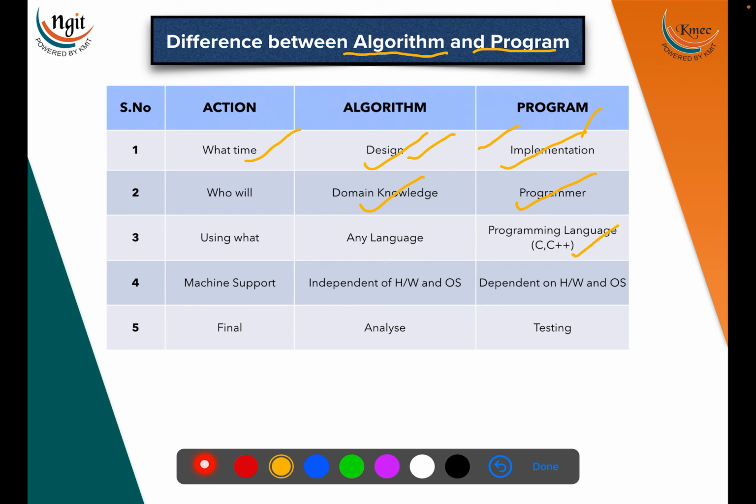Whoever knows English or any language can write the algorithm. Machine support: as I told, an algorithm is not written on a computer, it is independent of hardware. Whereas a program depends on the computer, on hardware and operating system. An algorithm requires analysis, a program requires testing.